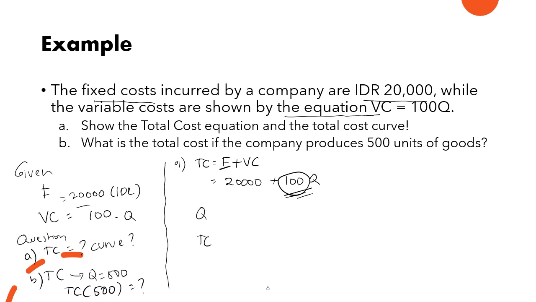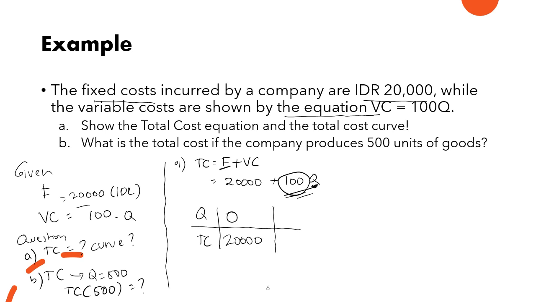So Q is the x-axis and the total cost is the y-axis. Now, when Q is 0, how much is TC? Put the 0 over here. So 100 times 0 is 0. So TC becomes 20,000.